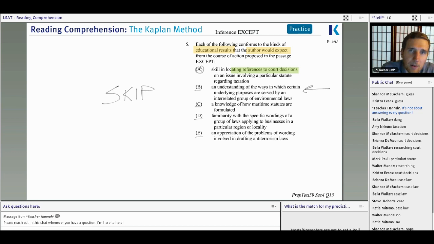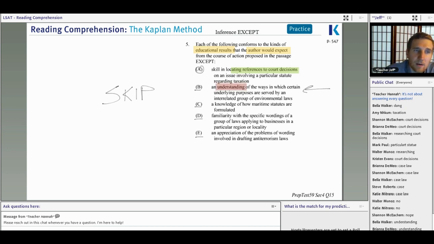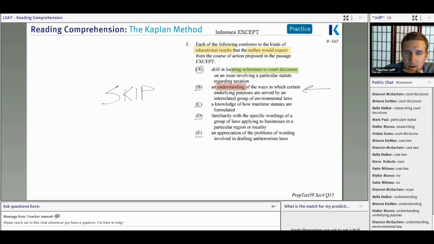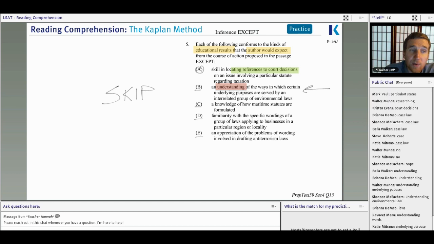What does B bring up that relates to statutory law training as we are aware of it? What skill does answer choice B bring up that the author attributes to statutory law training? Part of it is understanding. Understanding what? Well, the underlying purposes, right?